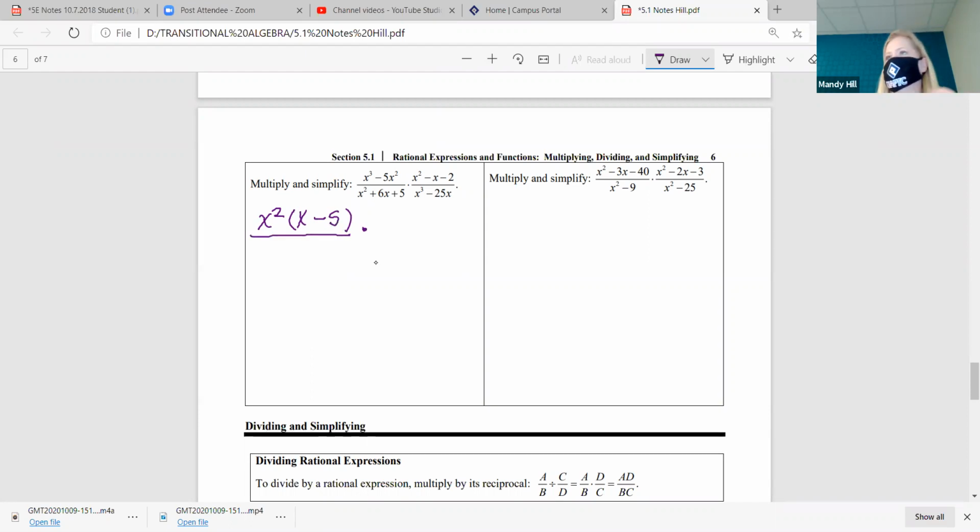Okay, so I pulled x squared out of both of those terms. This one looks like a quadratic, like we've been factoring in chapter 4. So I know that I'm probably going to have to do this number where I have 2 parentheses. Say, well, what multiplies to -2 but adds to -1?